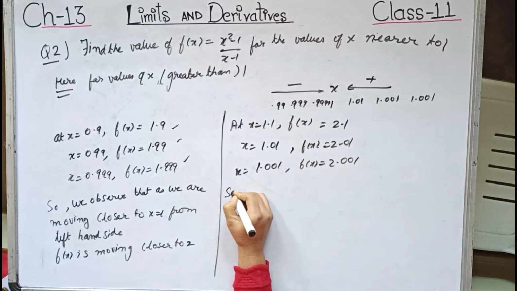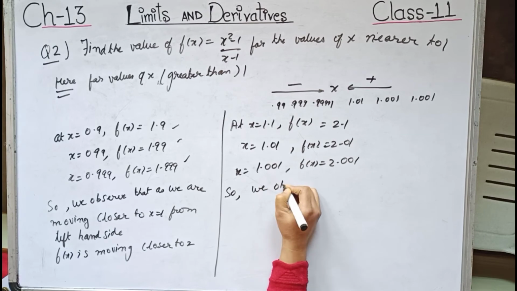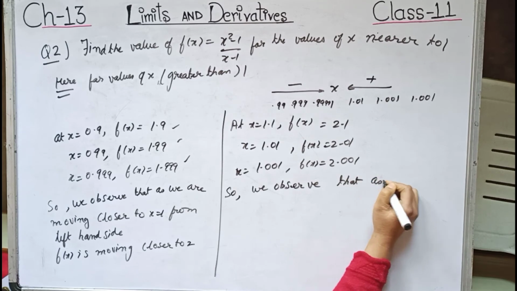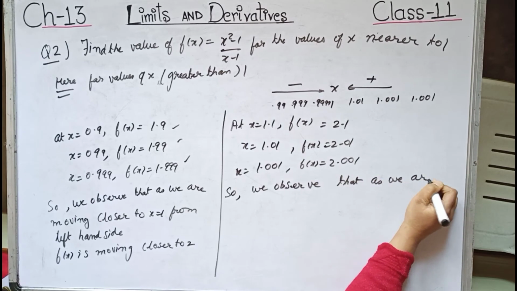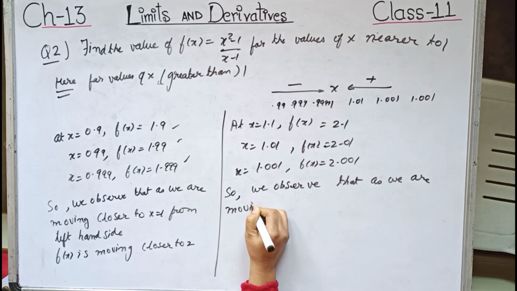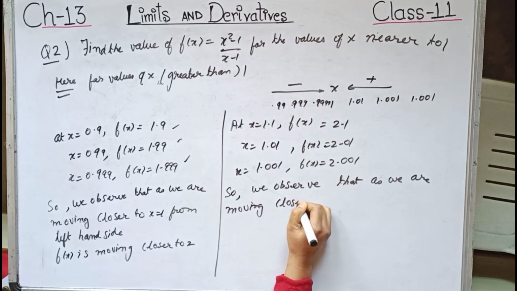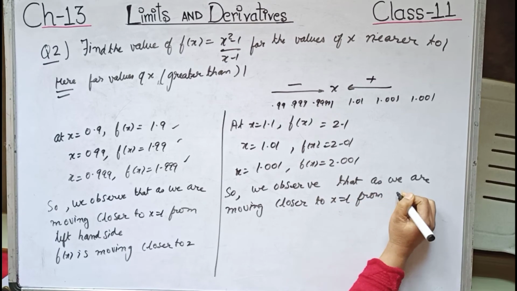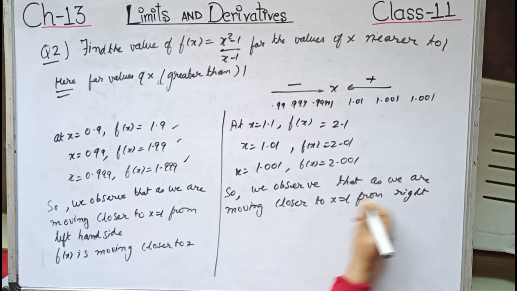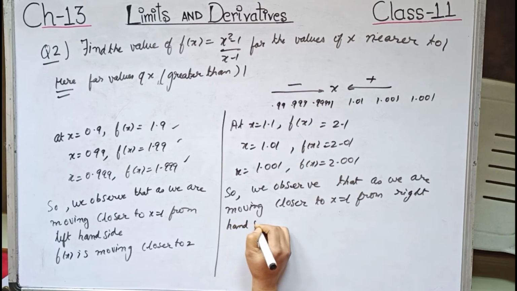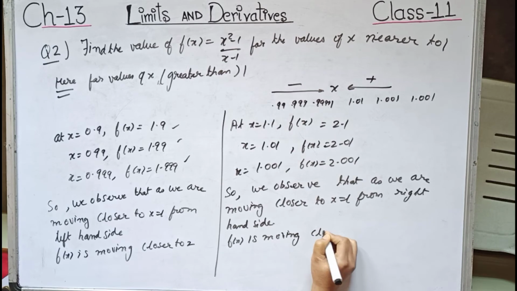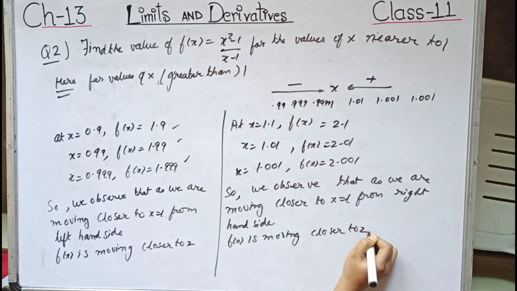So what we observe again over here is that as we are moving closer to x is equal to 1 from right hand side, f(x) is moving closer to 2.